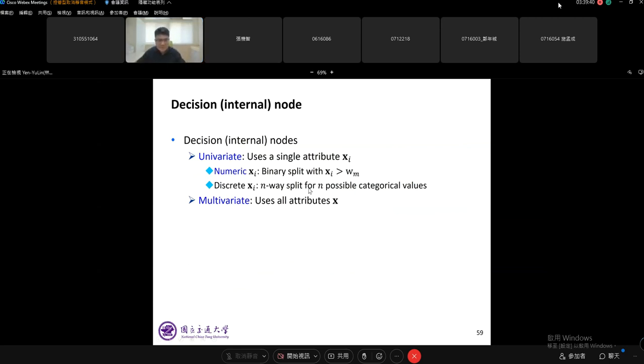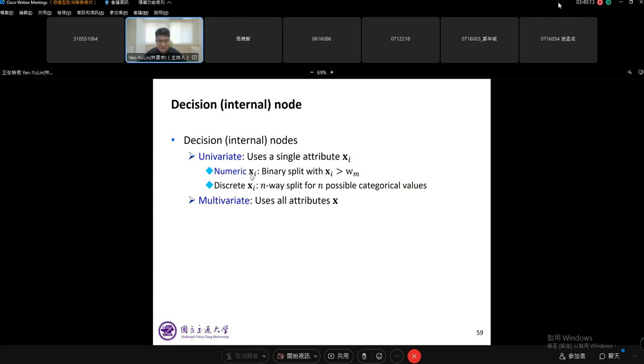Well, let's look at the property of the internal node of the decision tree. A decision node can be divided into 2 types according to the attribute or feature used to control the decision function. We say a univariate decision node uses a single feature or a single attribute to control the decision function.